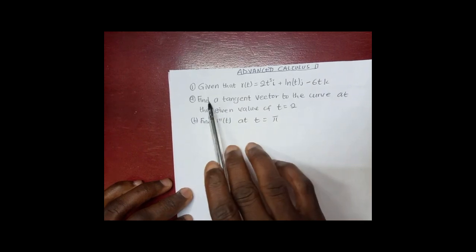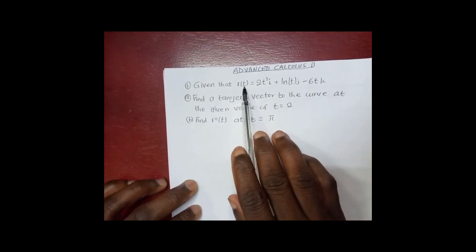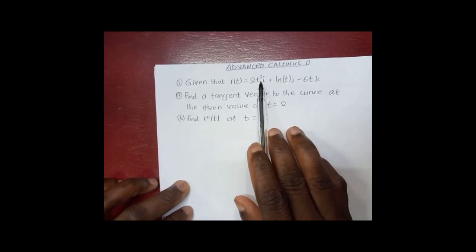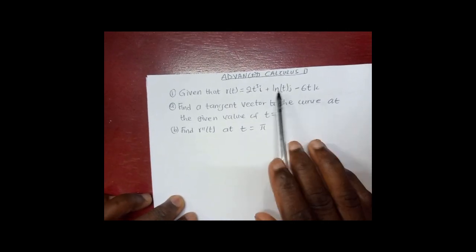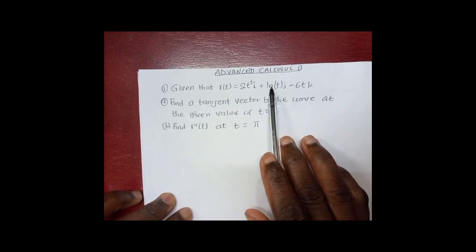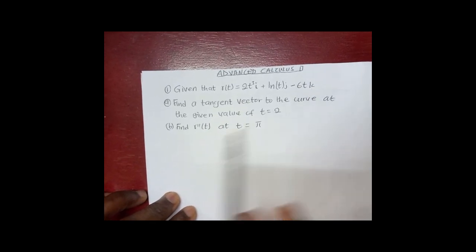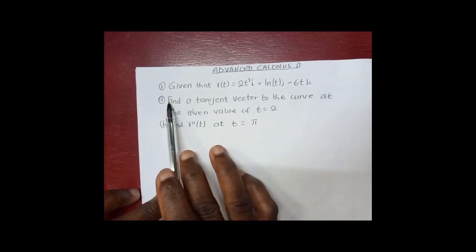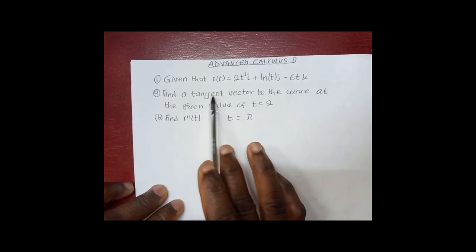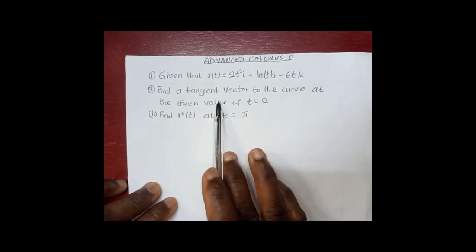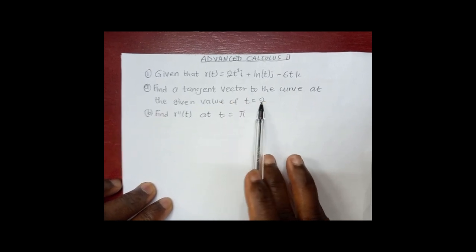The question says that given r of t equal to 2t exponent 3 i plus the natural log ln t j minus 6t k, the A part says find a tangent vector to the curve at the given value of t equal to 2.